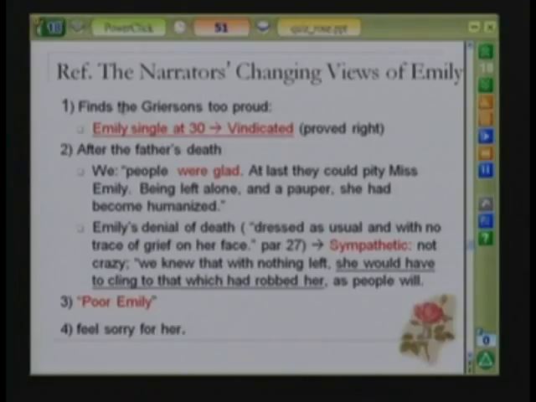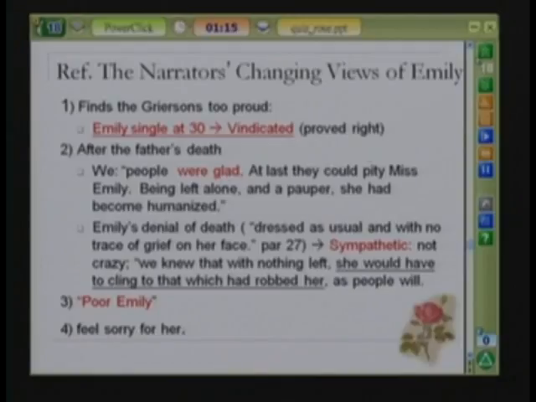Okay, at first they saw that the Griersons are too proud. So when Emily remains single at 30, they feel vindicated. They feel that we're right, you are wrong. Okay, you are wrong to be too proud. And after the father's death, I think there is a mixture of their responses. On the one hand, they feel sorry for Emily.